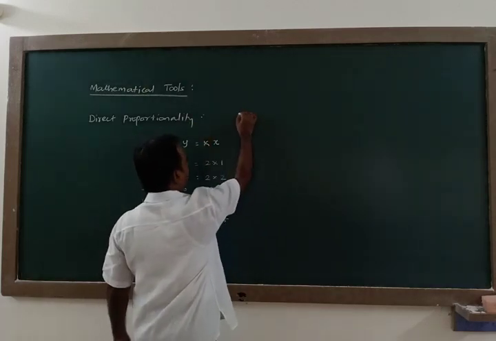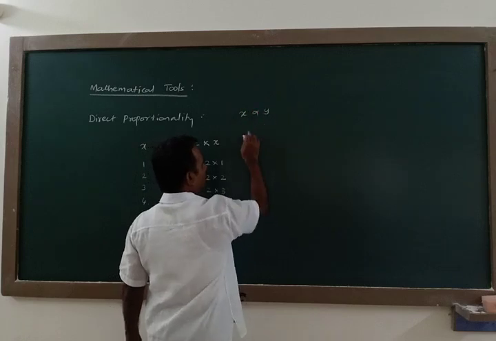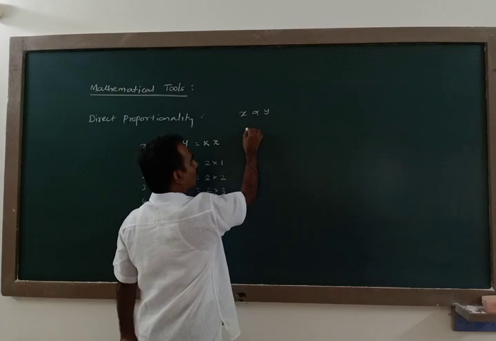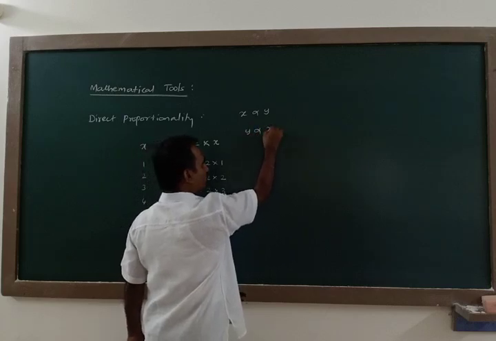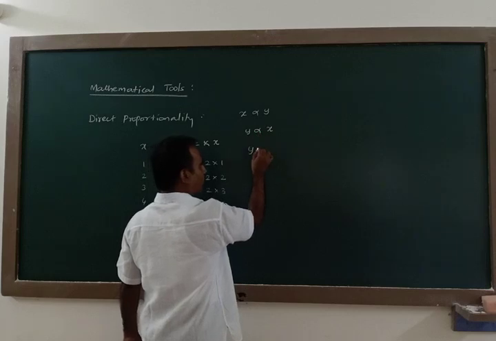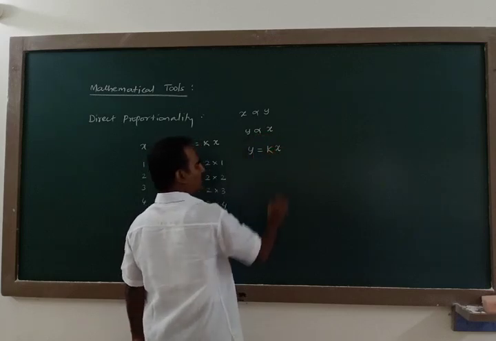When y is proportional to x, this is the symbol for direct proportionality. This y can also be proportional to x. In such a case, whenever a proportionality is replaced by an equality, we use a proportionality constant like this.